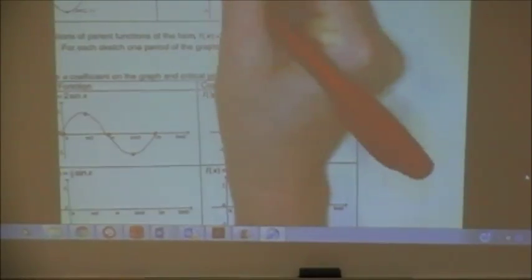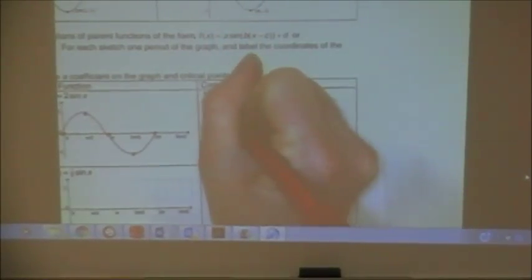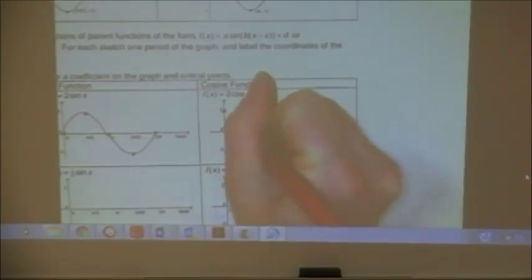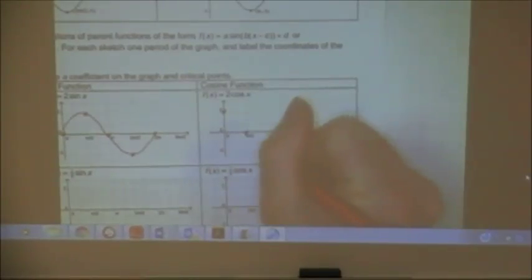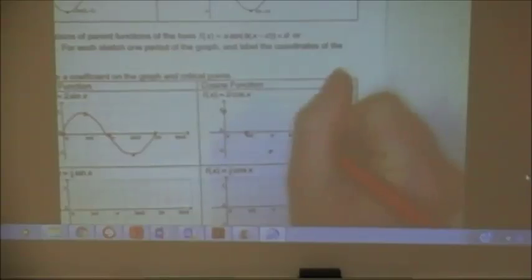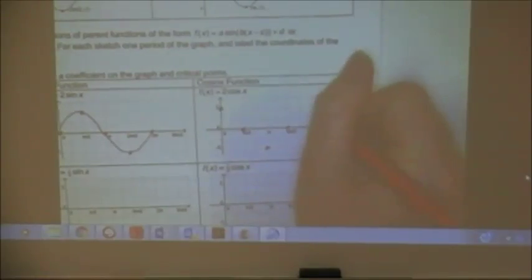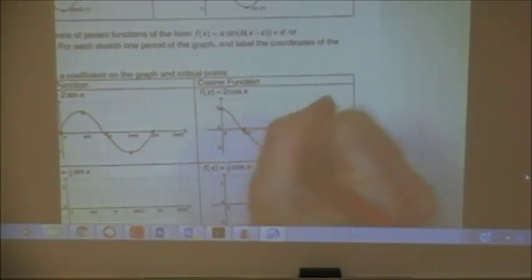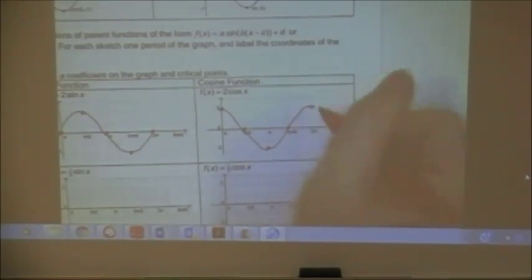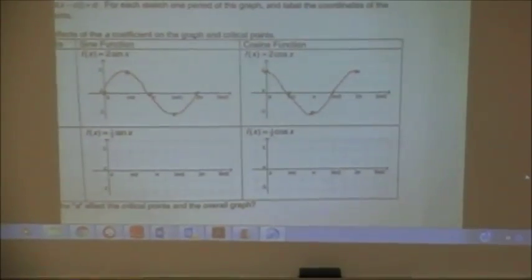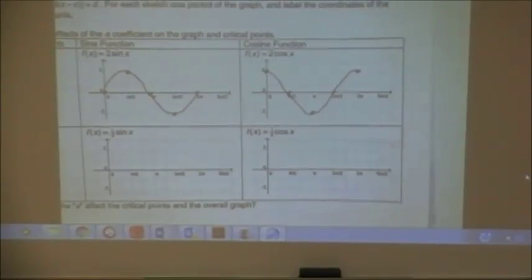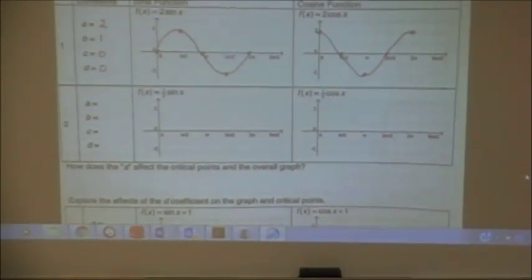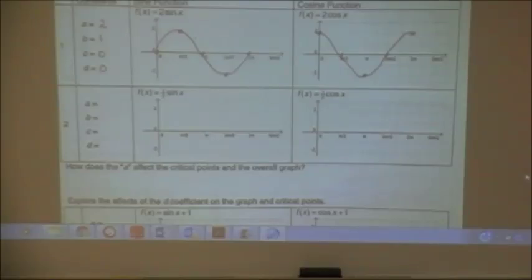So I multiply my first Y value by 2, my second Y value by 2. Everybody all right? It's not too bad, right?